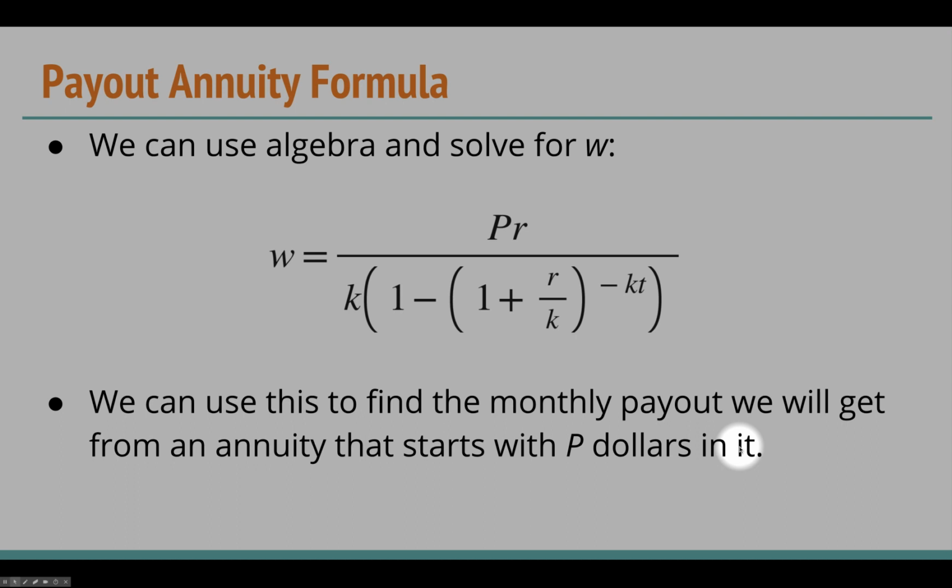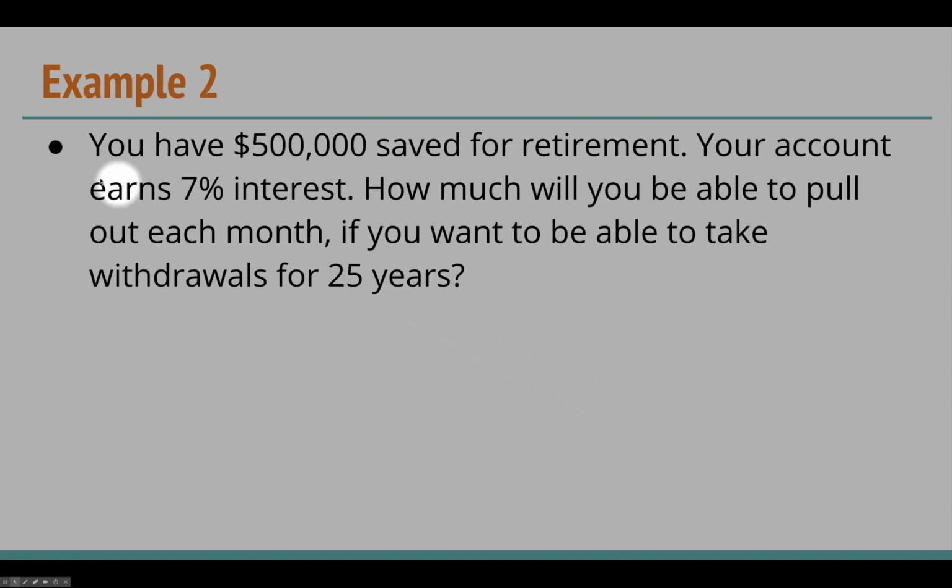So that's the background. Let's take a look at an example. Let's say you have $500,000 saved for retirement, and it's in the account right now. If you assume that you can earn 7% interest, compounded monthly, how much will you be able to pull out each month if you want to be able to take withdrawals for 25 years?